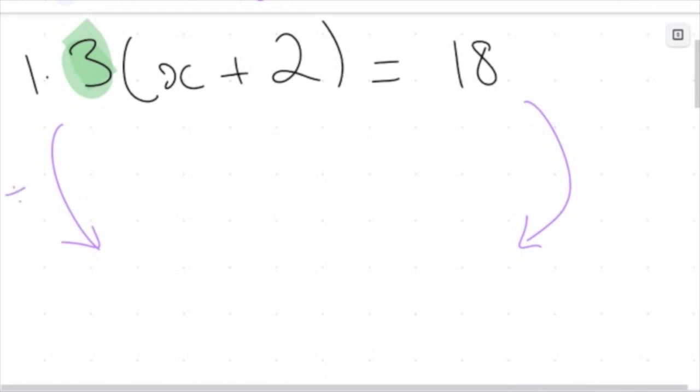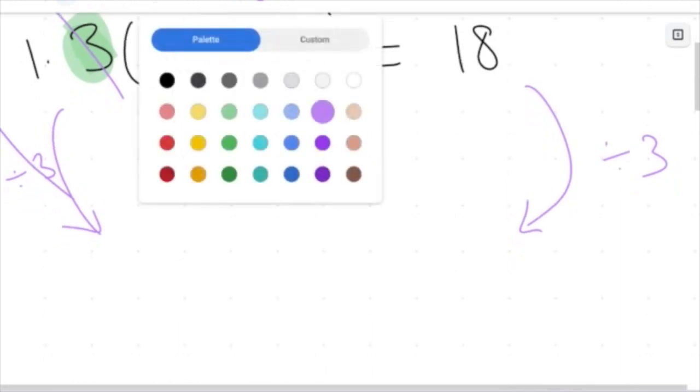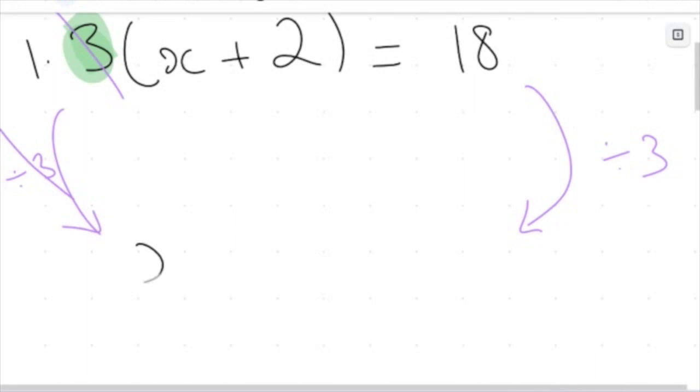Well, I can do the opposite of multiplying by 3, which is dividing by 3. That's going to kill my 3 out the front, and I get left with x plus 2. What number times 3 gives me 18? That number is just 18 divided by 3, which is 6.